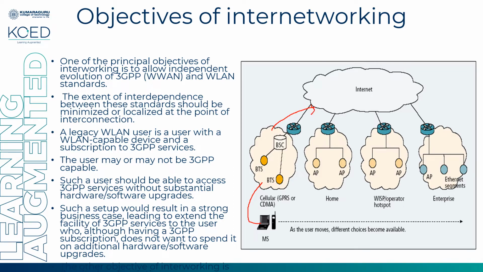Otherwise we can connect our mobile phone to our home access point, and through this access point we would like to have access to the internet. So our laptop or user equipment, our intention is to connect to IP network to make use of our internet services.